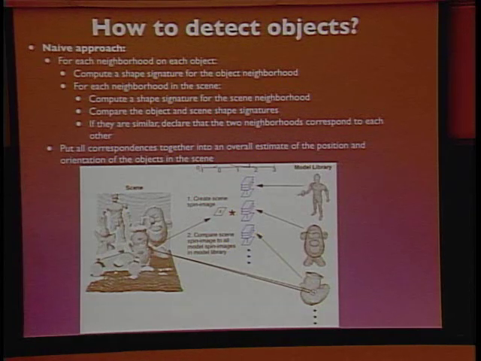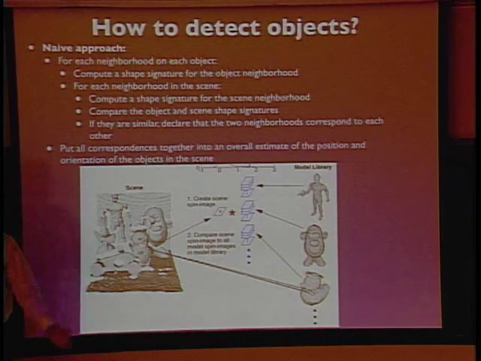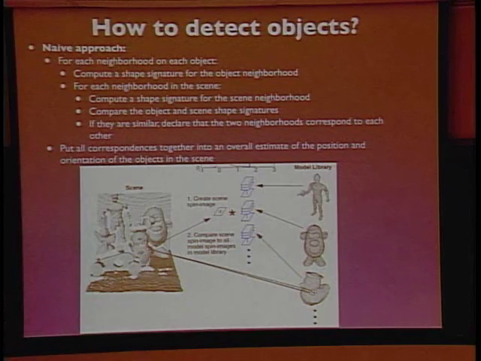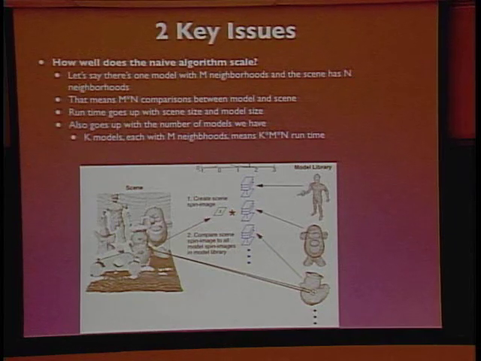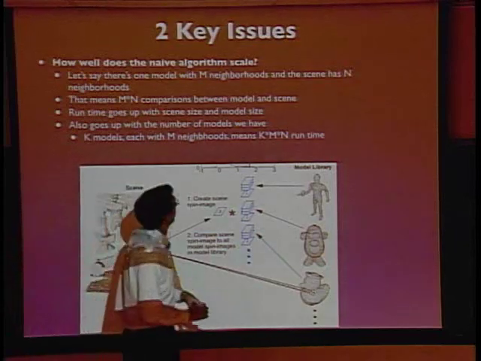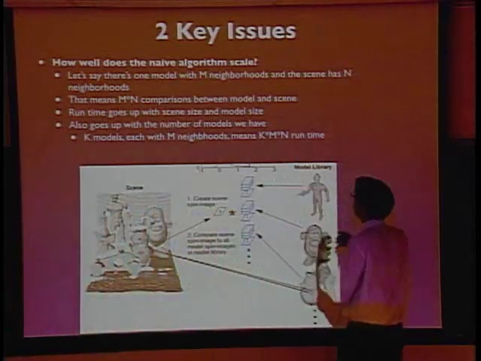If your scene becomes twice as big, it's going to take you twice as long to represent something, or to detect that an object is there. So you should already be able to tell that there's something not too good here that we can improve upon. And just a little bit more formally, let's say that we have m neighborhoods or shape signatures on one of our models, and there's n in the scene.